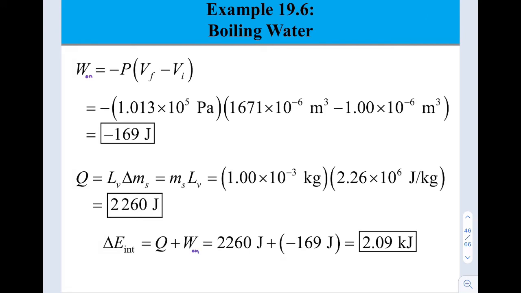It's going to be 2260 plus negative 169. You have 2.09 kilojoule of change, increment. Because this is positive, it means that the delta E internal is increased by this amount, right?